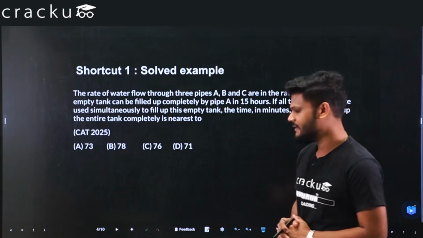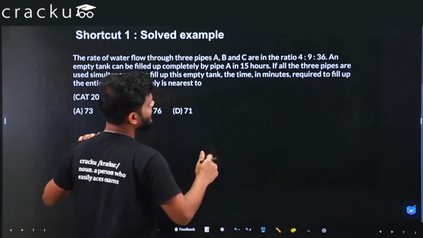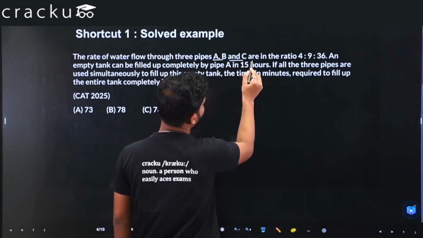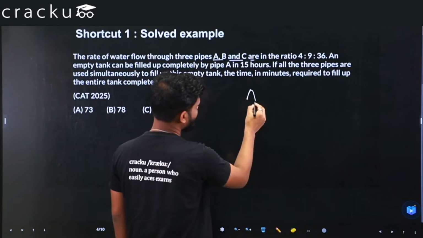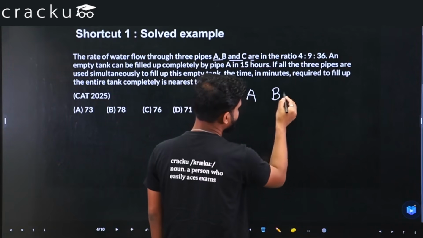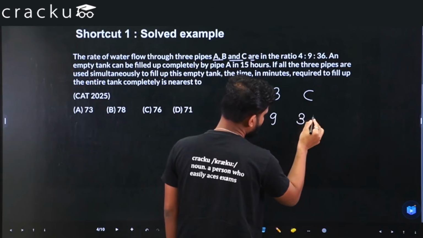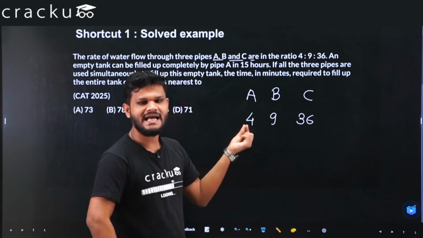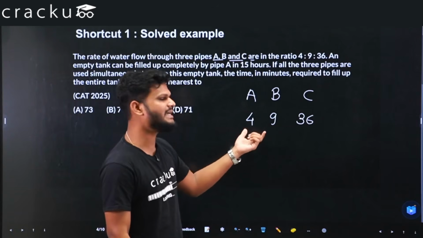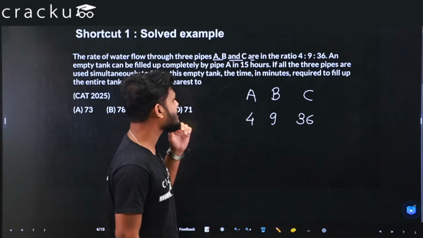So basically, you have been directly given the ratio of efficiencies of A, B and C, which is 4:9:36. So you can directly use these numbers as efficiency because efficiency will be multiple of these numbers. Let us use these numbers directly.